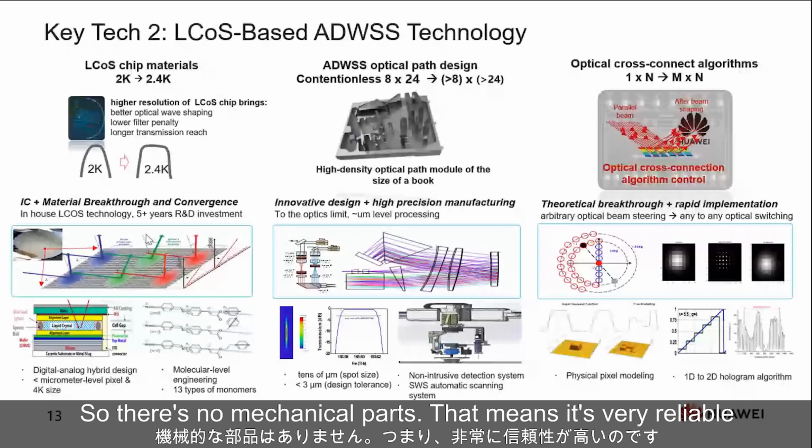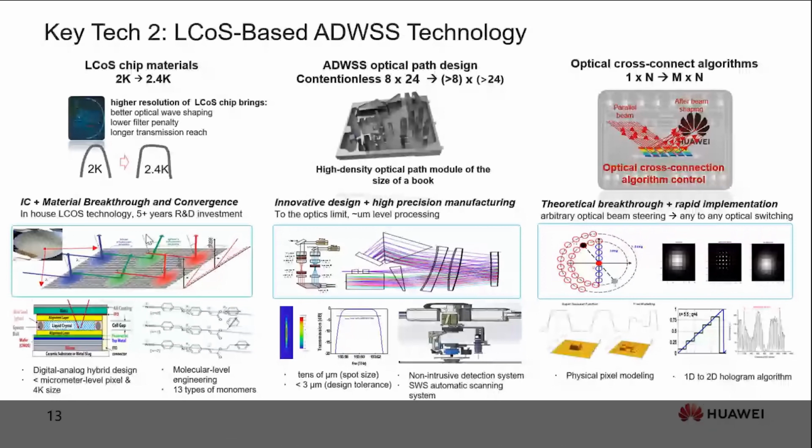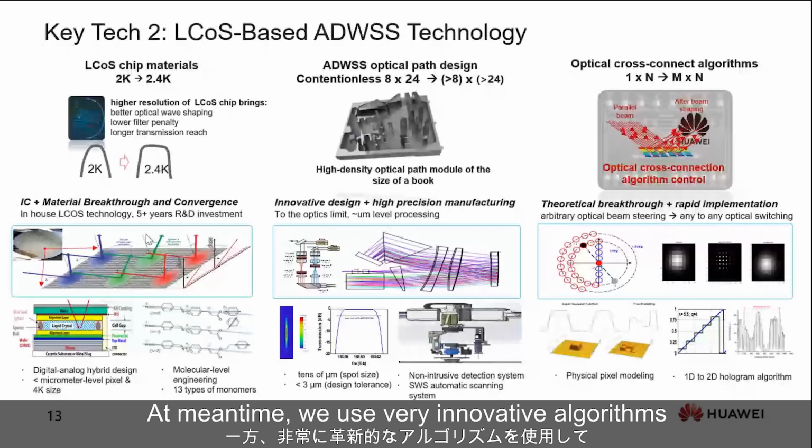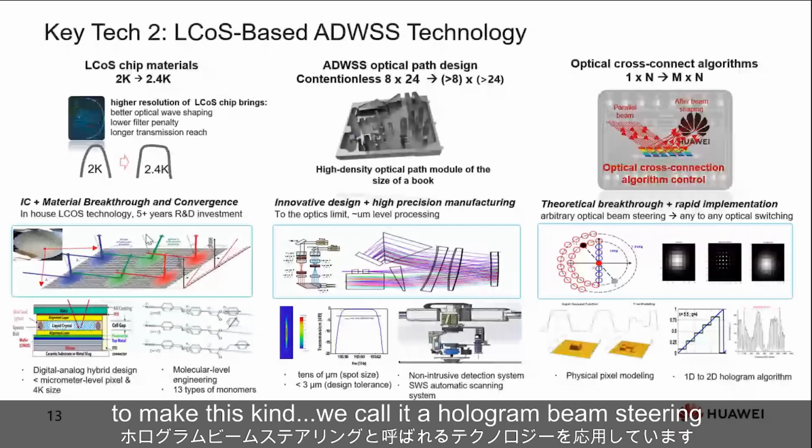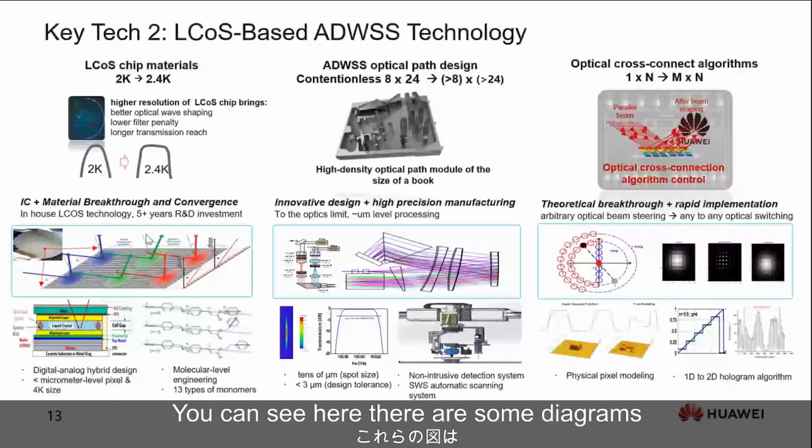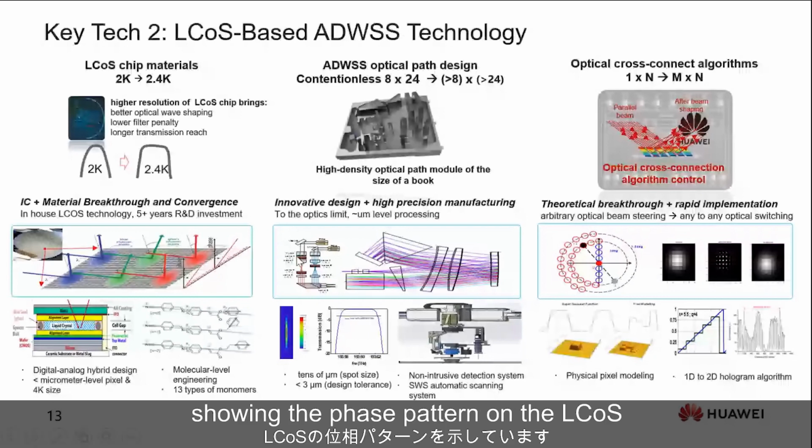That means it is very reliable. And meantime, we use very innovative algorithms to make this. We call it hologram beam steering. You can see here a diagram showing the phase pattern on the LCOS.